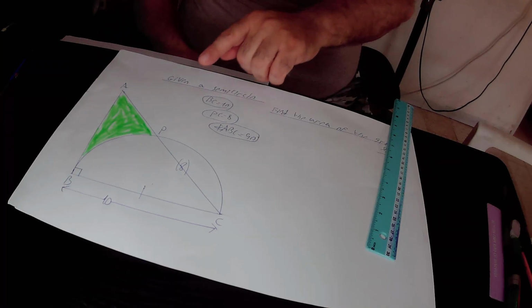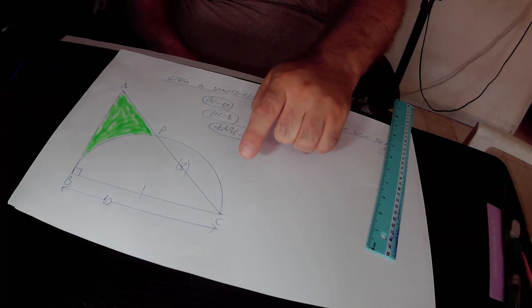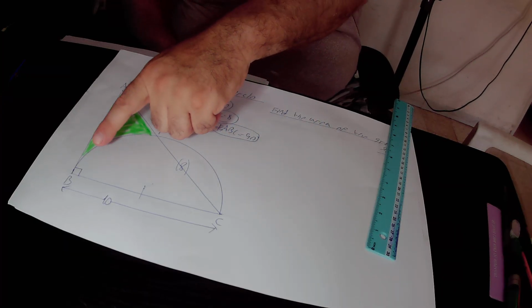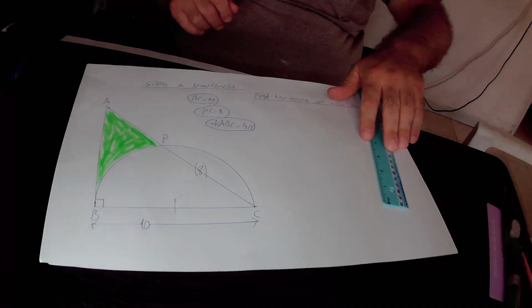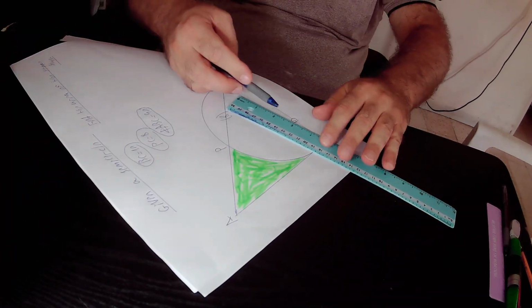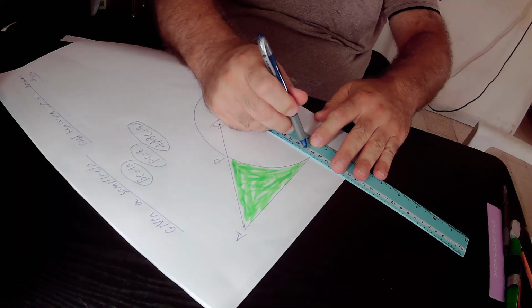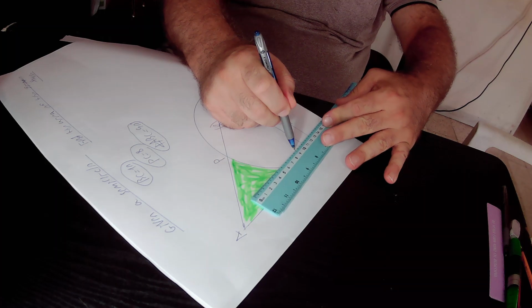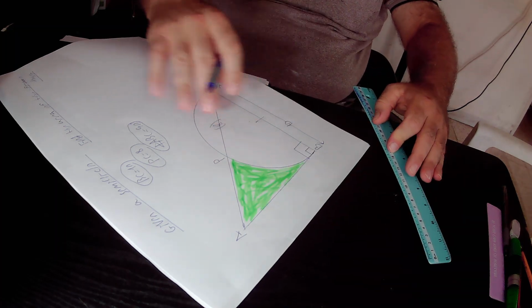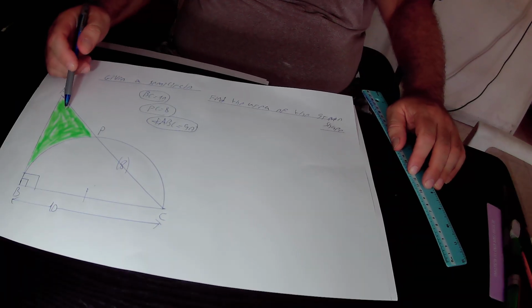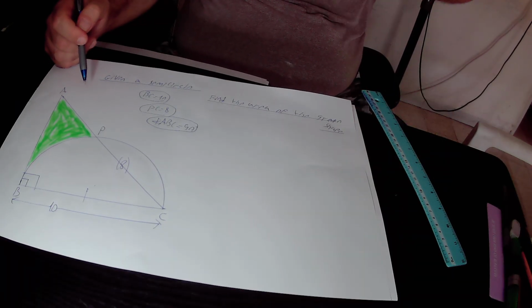In addition, we know that line segment BC equals 8 units in its length. This is angle ABC, that is the right angle. Angle ABC equals 90 degrees in its size. Again, our task is to find out the area of this green shape.